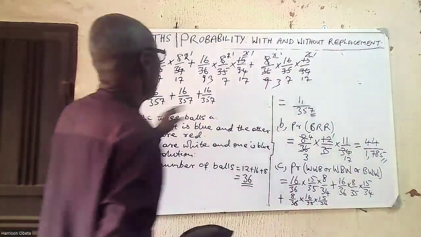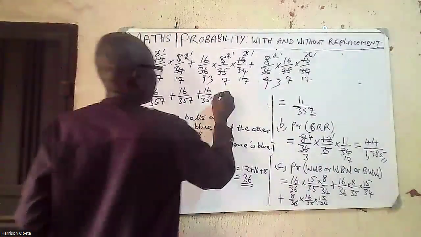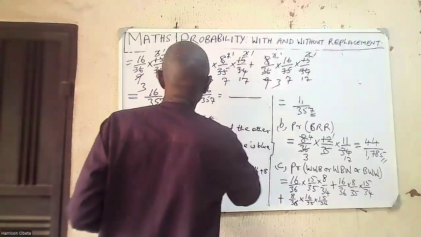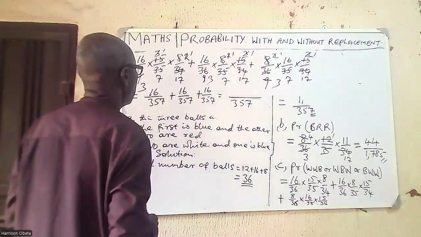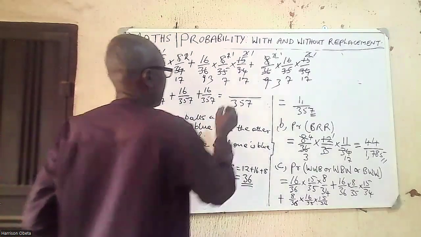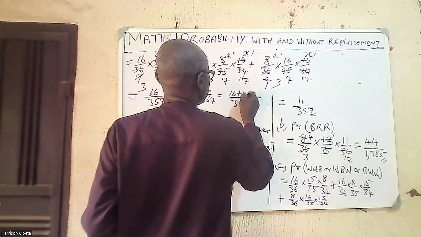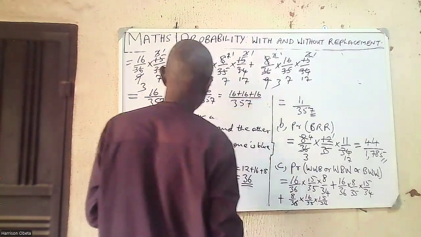And that will give us this. By the time you now have it, the LCM is 3 times 5 times 7, and then add 16 plus 16 plus 16.